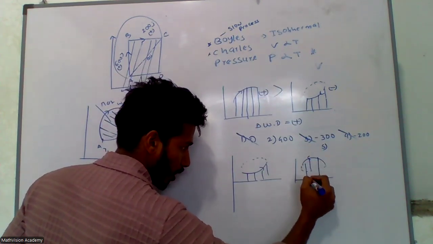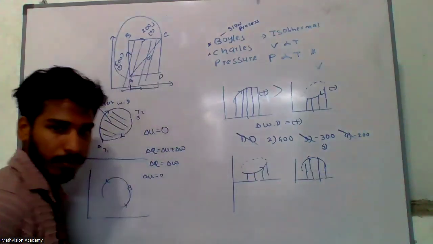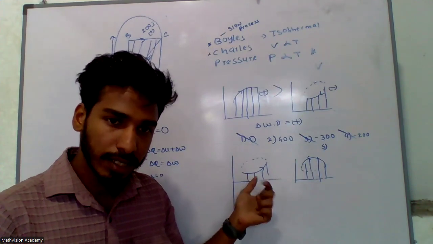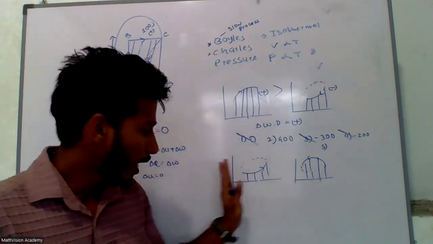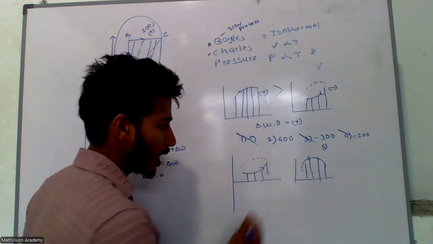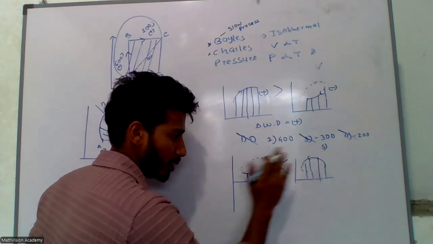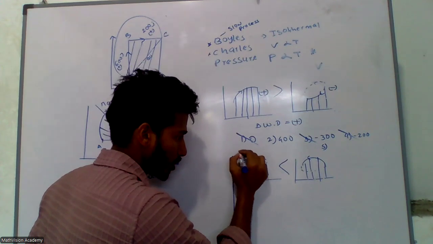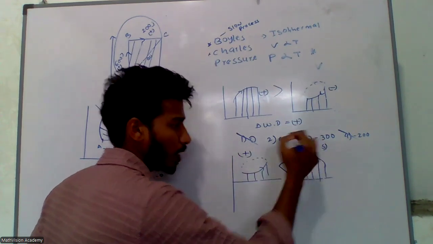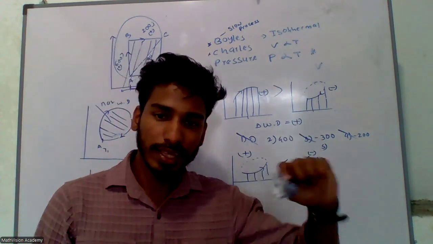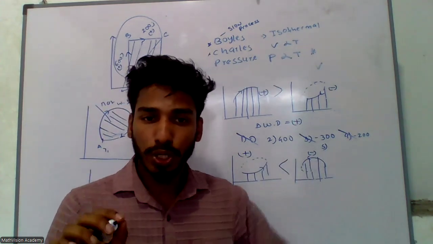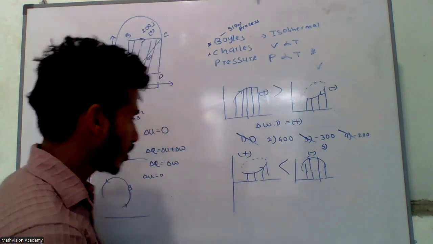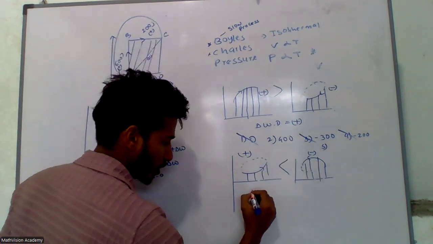This is the work done on it. You can see the compression has a larger work done than the expansion. This is a positive answer. This is a negative answer. So if you take the difference, you should get a negative answer. Okay? So the work done is negative here.